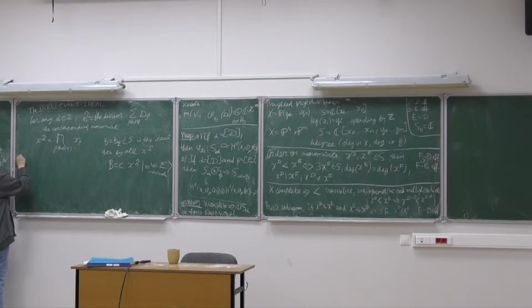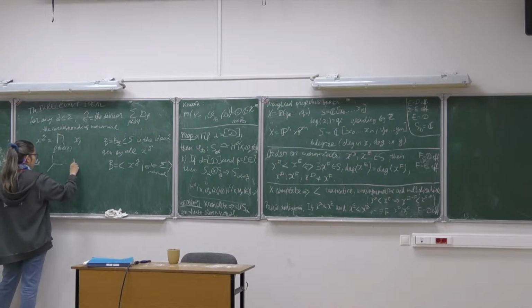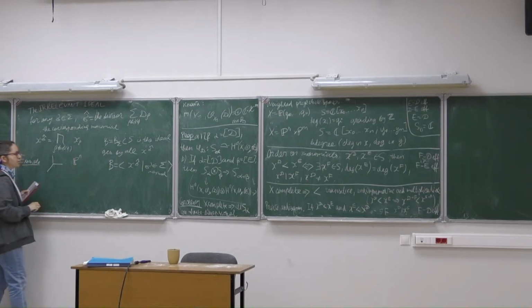The main example for today and the next lecture is the example of the projective space Pn. For each maximal cone sigma, we take all the variables which do not participate. So for this cone, we take this variable.